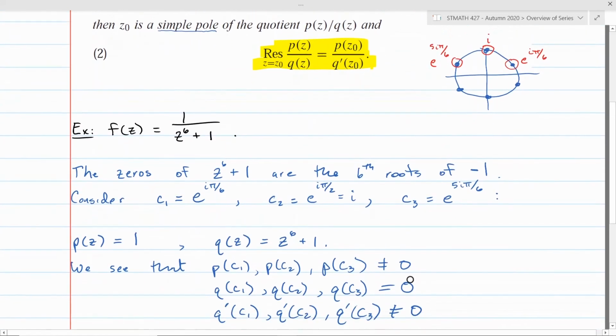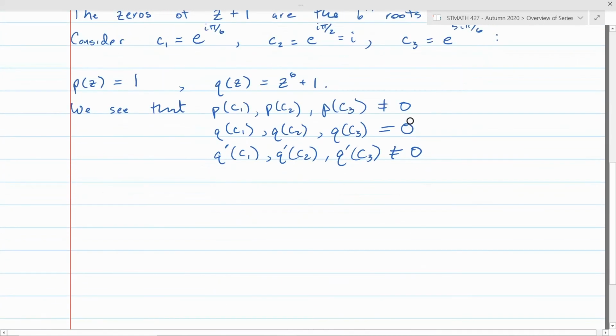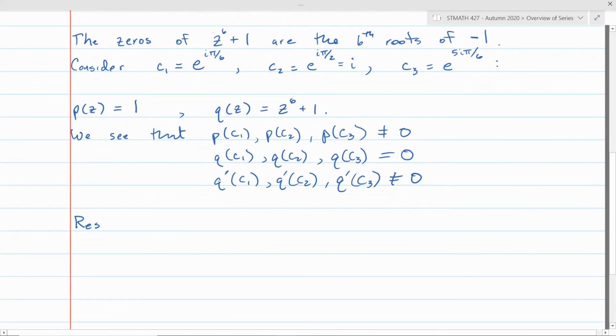Okay, so now we can get these residues. The residue at z equals c1 of our function, 1 over z to the 6th plus 1, is p of c1 over q prime of c1. p of c1 is just 1, and q prime is 6 times z to the 5th, so this would be 6 times c1 to the 5th.